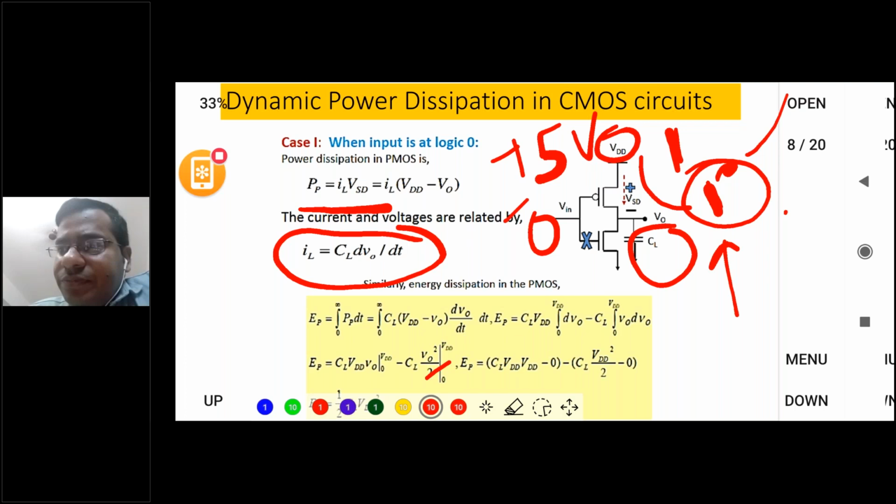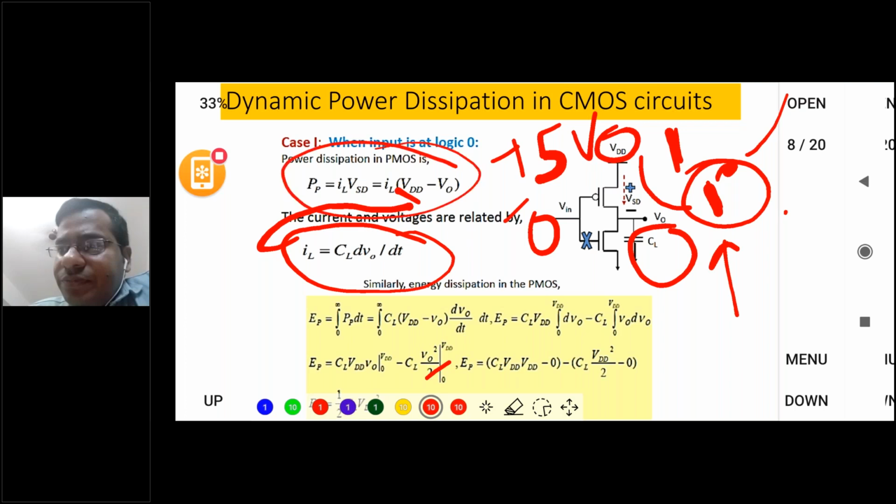Now this IL value you put in this equation: I is equal to CL dV0 divided by dt. Putting this current value IL in the power equation, you get the power dissipation. This is the dynamic power dissipation.